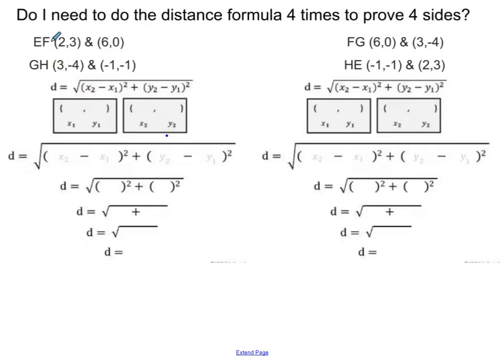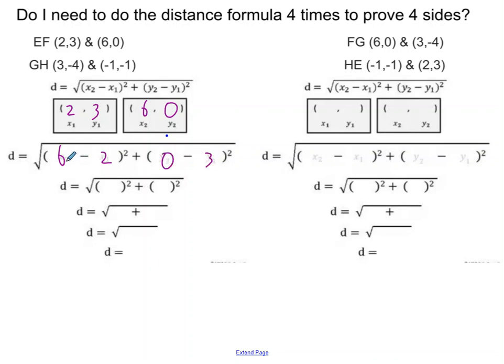So EF would be these 2 points. So I'm just going to put in my points as a 2 and a 3 and a 6 and a 0. It's identifying them as x1, y1, x2, y2, and then I can just put x1 and x2 in here, so it's going to be a 6 minus a 2, and then a 0 minus a 3.